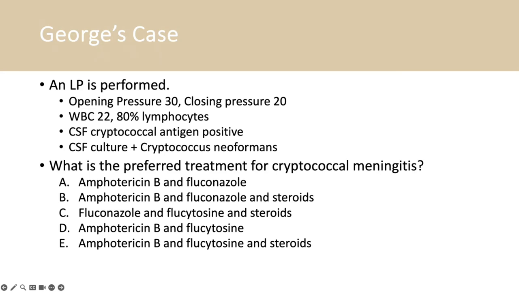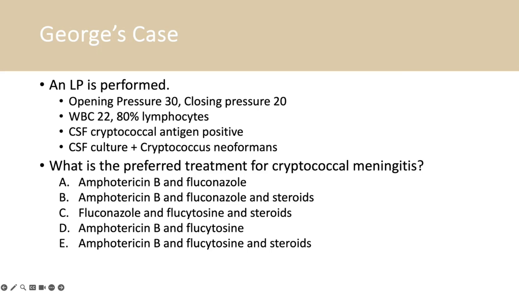An LP is performed: opening pressure 30, protein 20, WBC 22, 80% lymphocytes, CSF cryptococcal antigen positive, CSF culture positive for Cryptococcus neoformans. What is the preferred treatment for cryptococcal meningitis? Amphotericin and flucytosine?